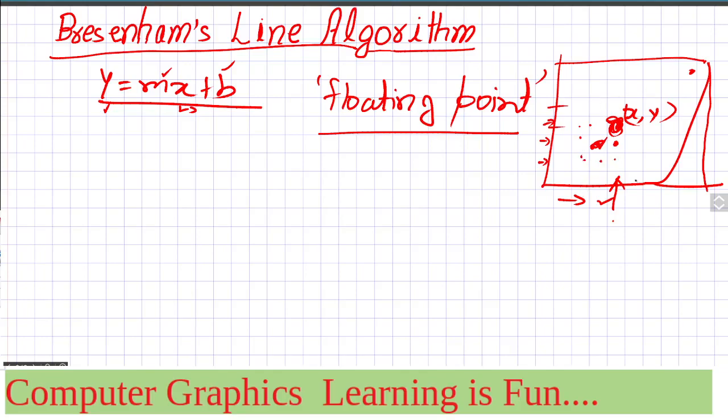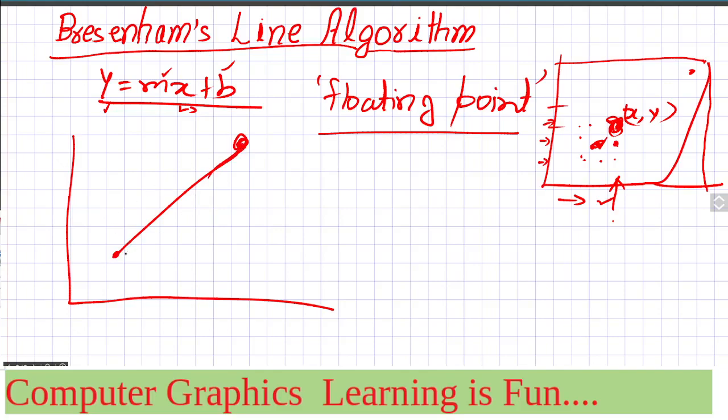We cannot choose anything else. So there should be a way to find out which pixel to choose, which can be done in an integer way. Suppose here we have a line starting from this position to this position.